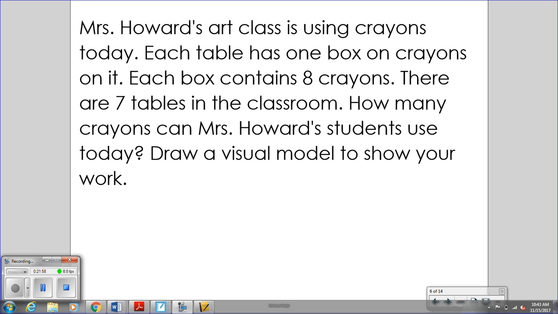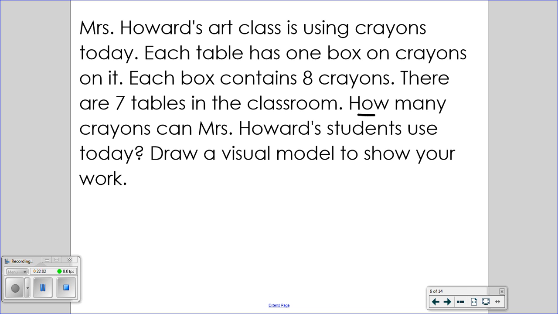Let's first just talk about the question. How many crayons can Miss Howard's students use today? What are we going to be counting in this problem? It's a little tricky. We got a lot of things going on. What am I trying to count? Hajir, let's stick with the order that we're going in first.